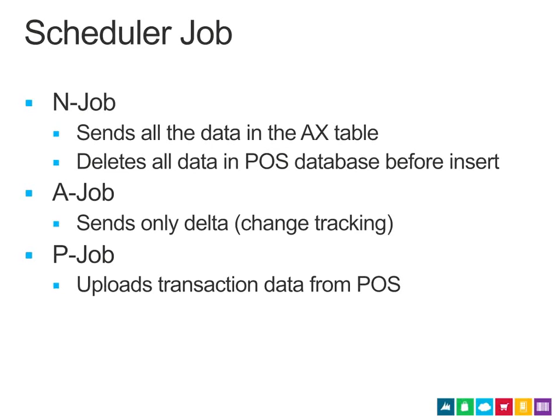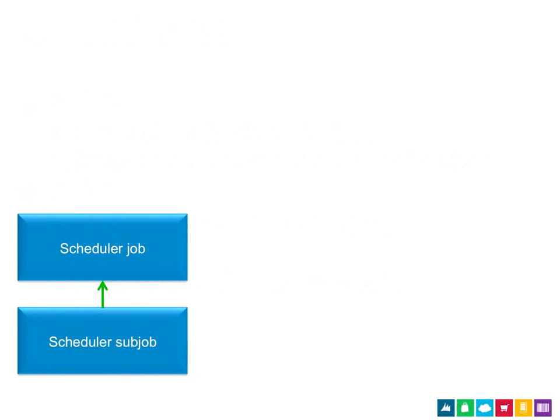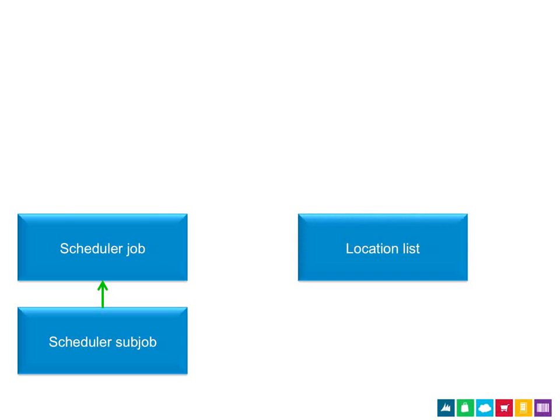And then to illustrate this a little bit, as I said, you have the scheduler subjob. That's the definition on the table level. Then you group them into a scheduler job. This is your entities, customers, items, etc., all the tables that are related to that. Then you create the distribution location list.